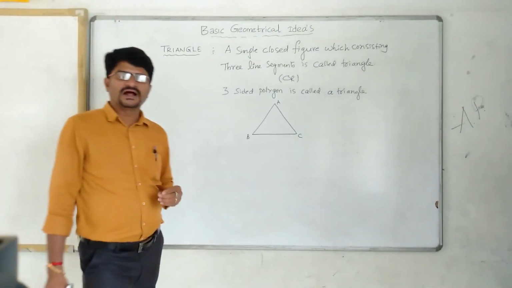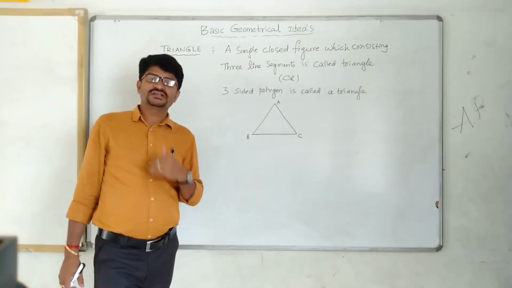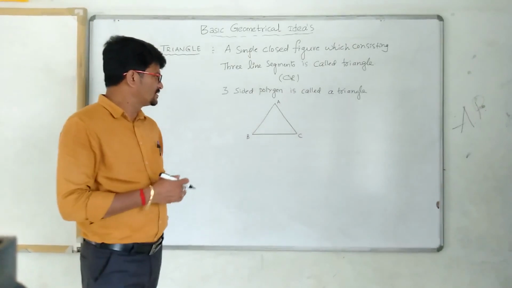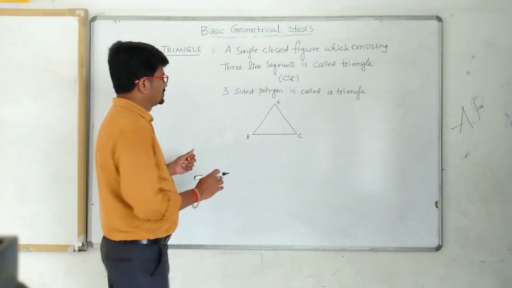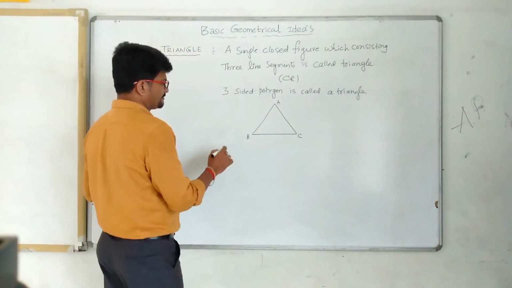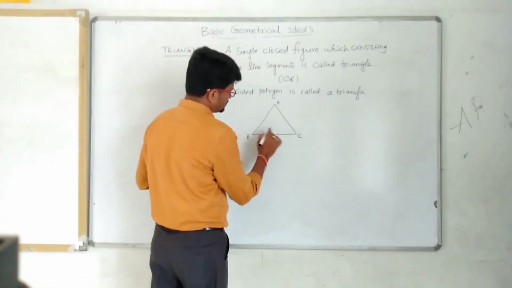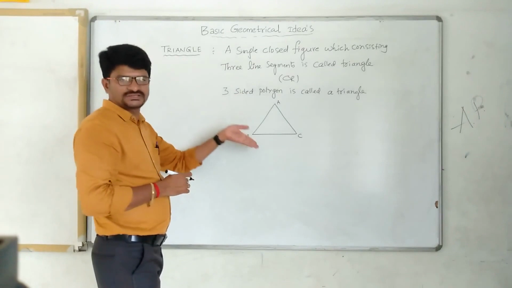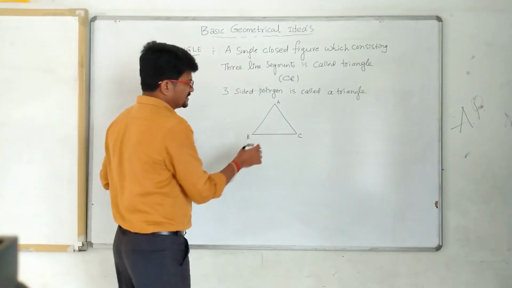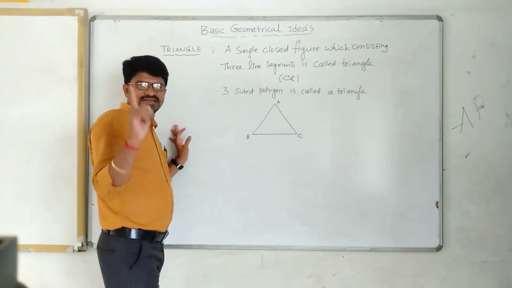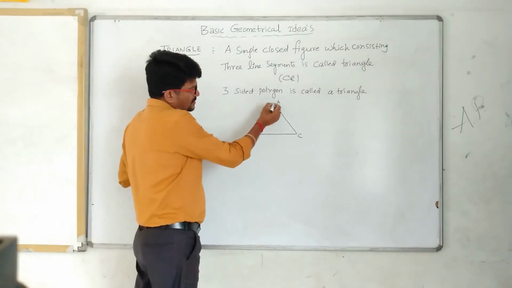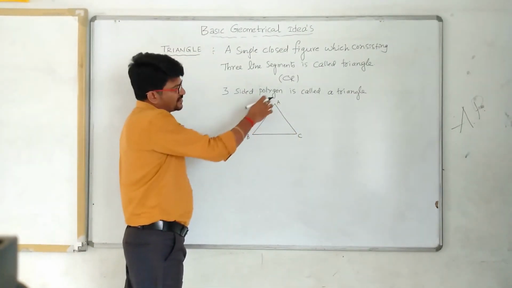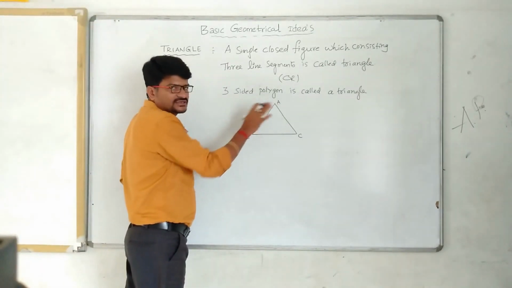First let me discuss the components of a triangle. See here, previously I told you, the line segments of the polygon are called sides.